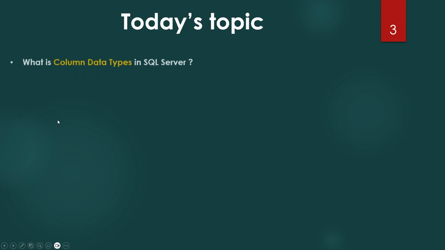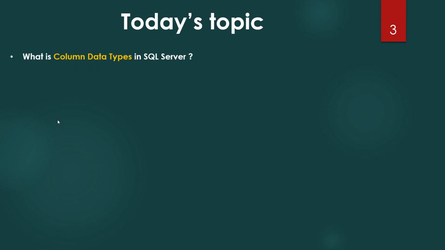Okay, so today's topic will be: how do we know which data type goes where when we create tables? So that's what we'll be learning. What are column data types in SQL Server? That's what I will be teaching you today. And then when to choose the right column data types.